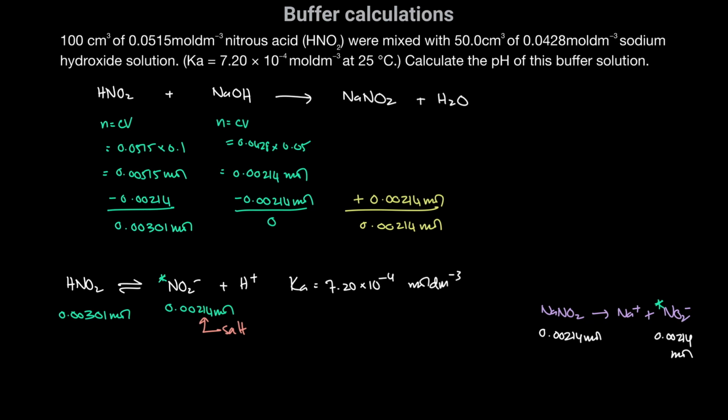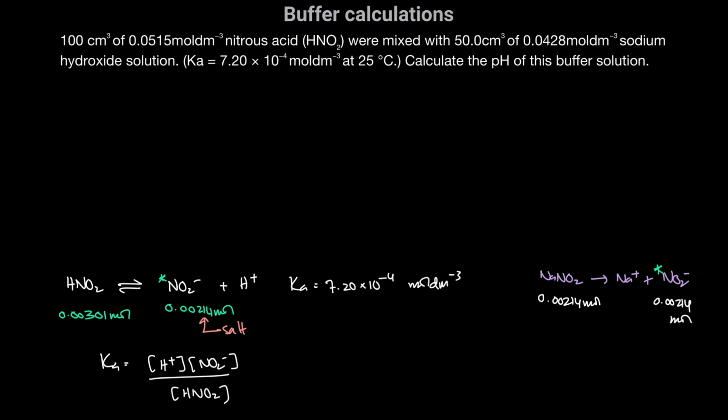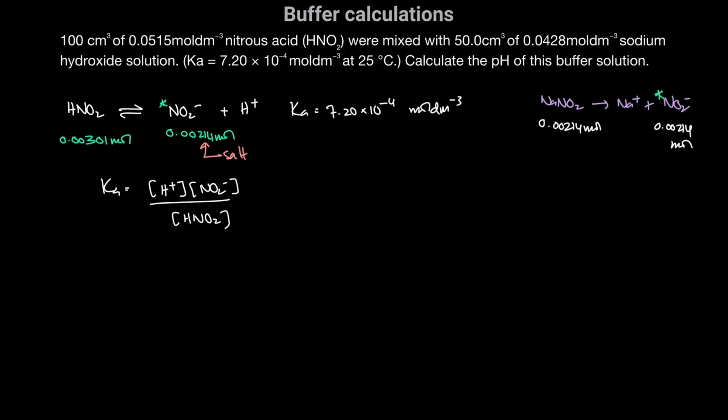So we need to find the pH of this buffer solution. We know the Ka. The Ka is simply the concentration of H plus ions times the concentration of NO2 minus ions divided by the concentration of HNO2. Now over here we know that the Ka is 7.20 × 10 to the power of negative 4 moles per decimeter cube. The concentration of H plus we want to find, since we want to find the pH.